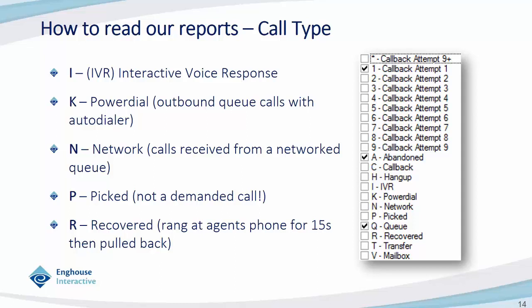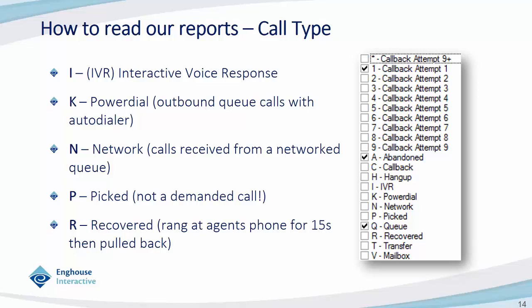Network. This is something we don't see as much anymore because of technology changing, but I do like to point it out. A network call is essentially when, let's say East Coast and West Coast both have their own PBX running the Enghouse EICC software, with independent databases.